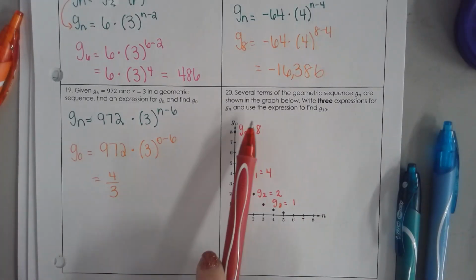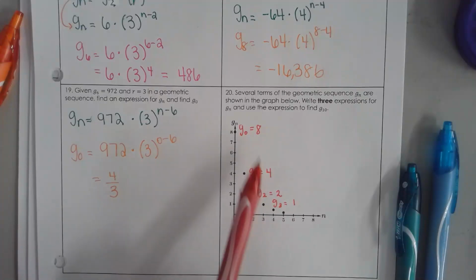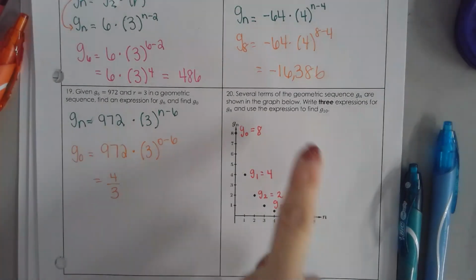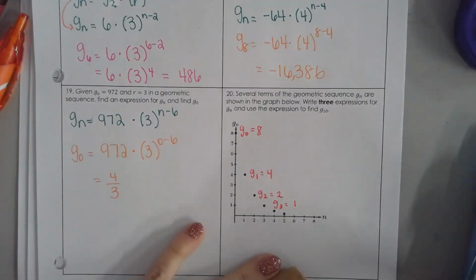What's the pattern? Multiply by 1/2. So your common ratio, if you look from one term to the next, you're dividing by 2 or multiplying by 1/2. So the next one, G4, would be 1/2. G5 would be 1/4. But I only asked for you to do 3 expressions, so we can use any of these 3 to write a formula. I'm just going to do the first 3.